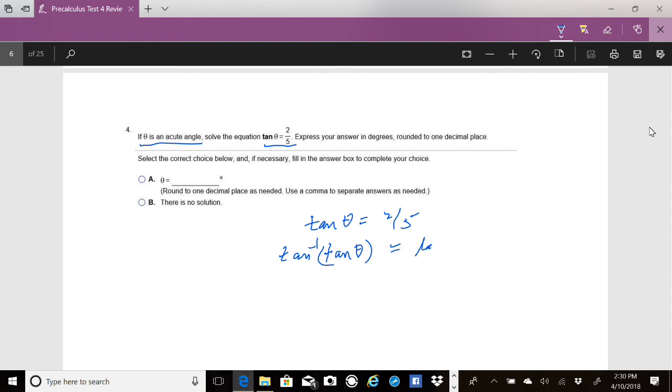Inverse tangent of tangent theta is theta. So theta is equal to inverse tangent of 2/5.